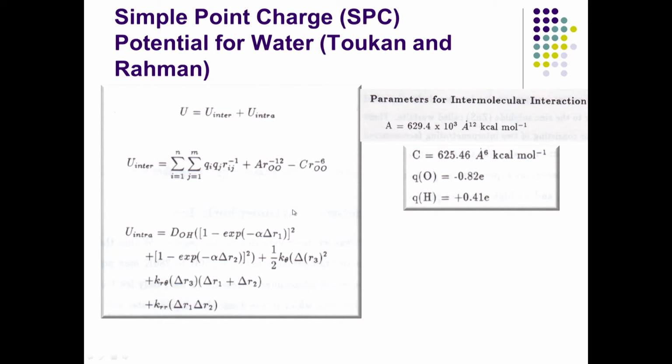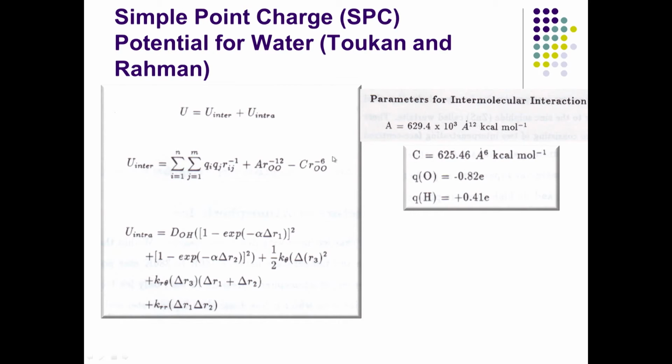A is the parameter given here for the Lennard-Jones part, C is the potential parameter for Lennard-Jones. We are also looking at the charges 0.82 and 0.41, and A is 629.4 times 10 to the power 3 kilocalories per mole per angstrom.